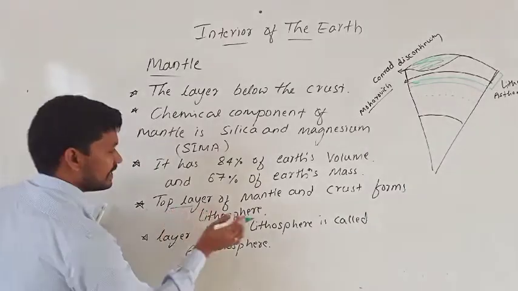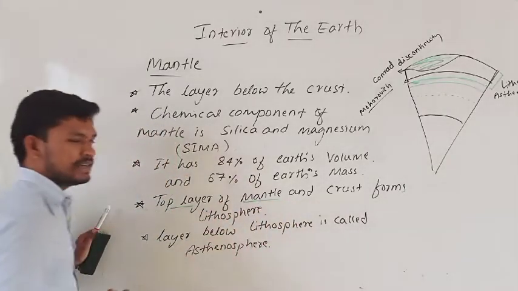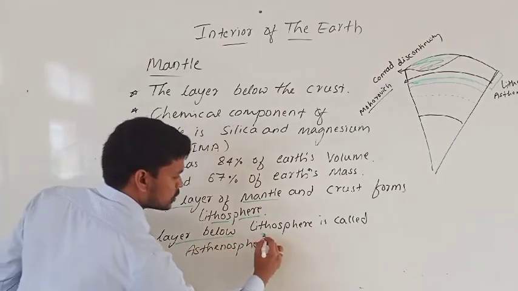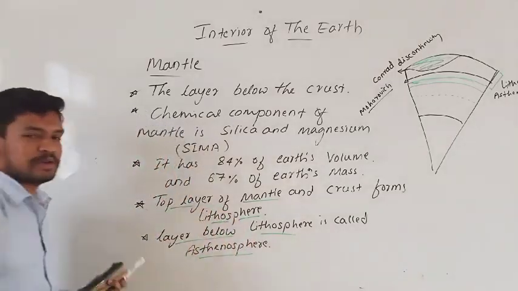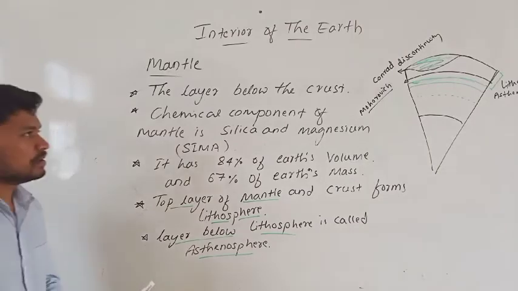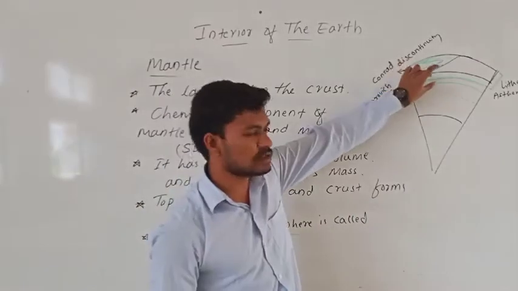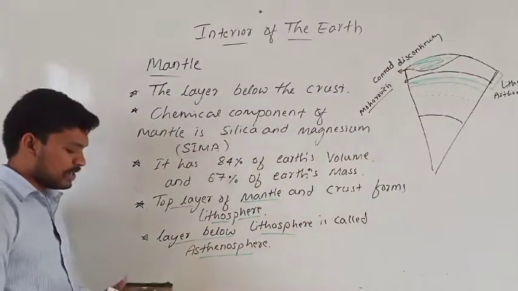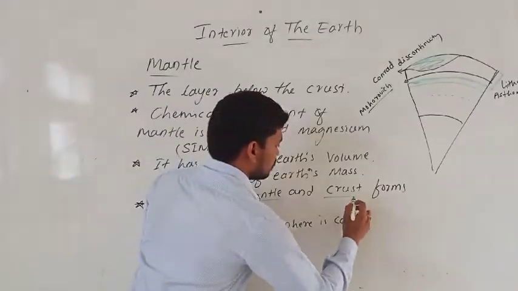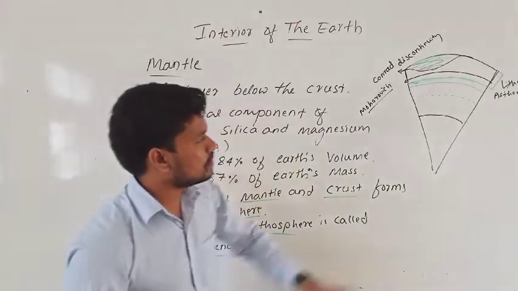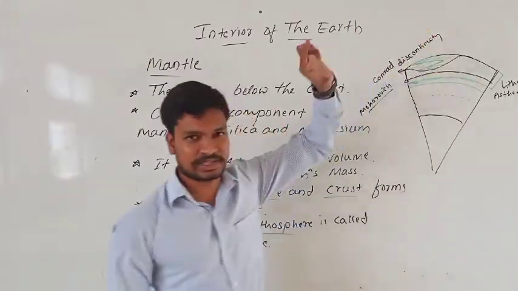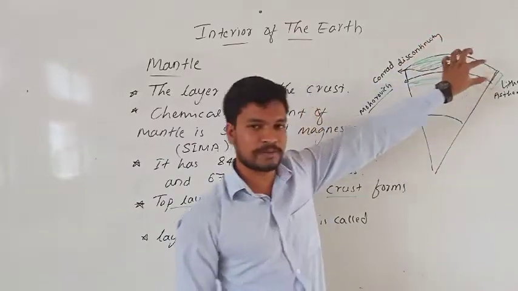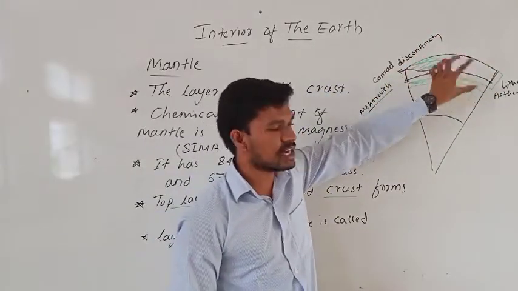The top layer in the mantle is called the lithosphere, and the layer below the lithosphere is called the asthenosphere. The mantle is one big layer, and in that we have some divisions. The top layer of the mantle plus total crust is called the lithosphere. Then below the lithosphere we have the asthenosphere.